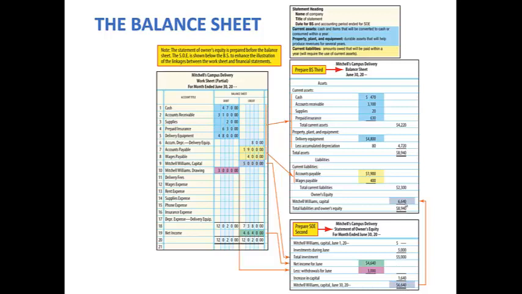Another way you can calculate that if you're not given your statement of owner's equity is to take the beginning capital, add the net income, subtract the drawing, and you'll end up with your ending capital balance. So when we add that ending capital to the current liabilities, we'll get total liabilities and owner's equity of $89.40, which equals our total assets.